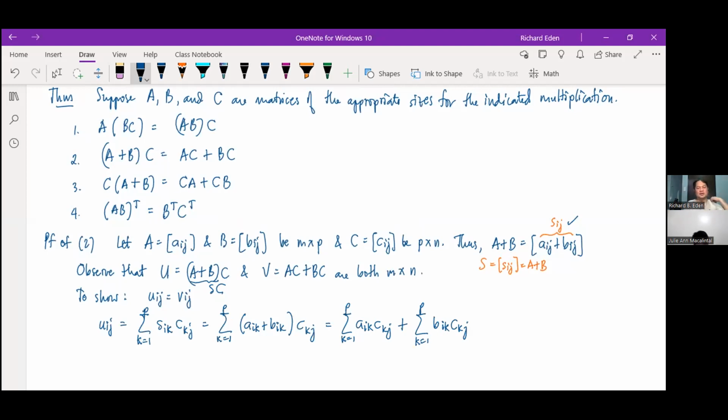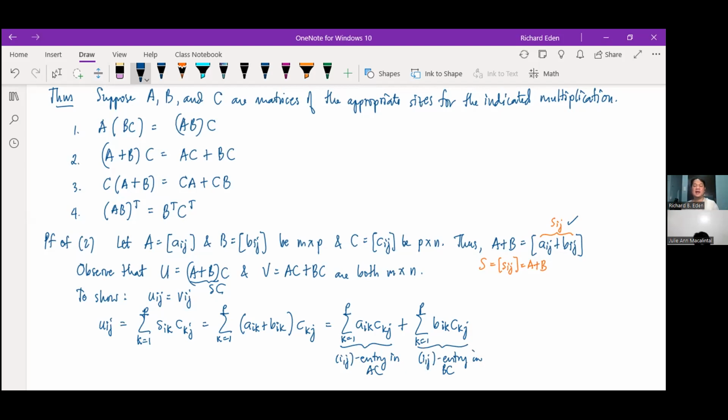Where we notice that the first summation corresponds to the ij entry in matrix AC, and this, on the other hand, is the ij entry in matrix BC.